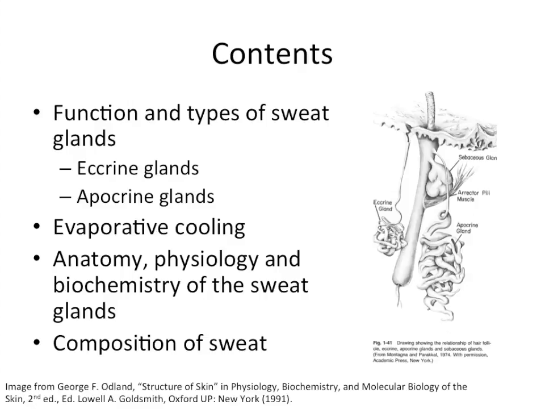The apocrine gland, which we'll also discuss, is something different. This is what's found in the axillary region, so in the underarm region and several other regions of the body that we'll discuss a little bit later on in this lecture. These actually don't go directly to the skin surface.